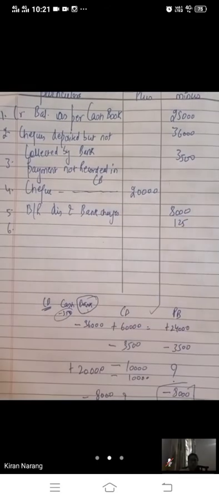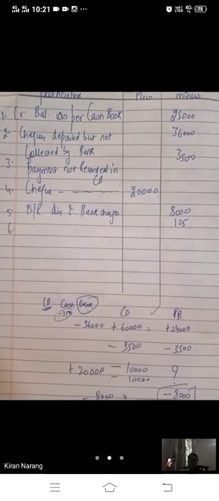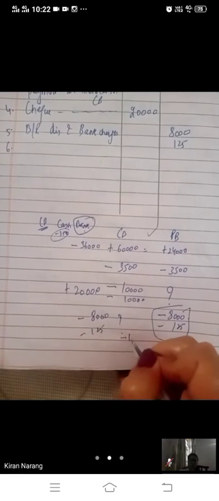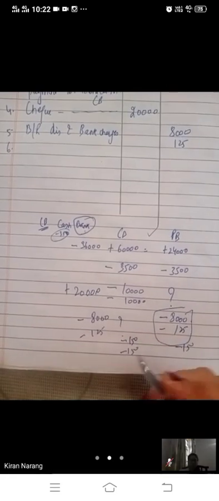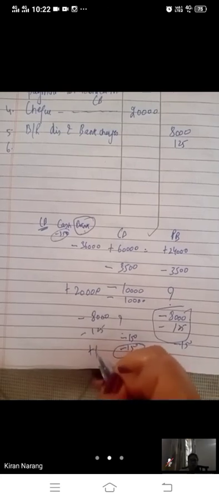8,125. Last thing, bachche: in the cash book a bank charge of 150 was recorded twice, while another bank charge of 40 was not recorded at all. We have recorded 150 twice; it was to be recorded once only. So we will add it back.